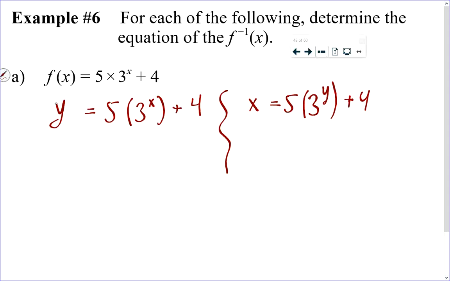And now we have to rearrange for y, which you couldn't do before today. So what am I going to do here? I'm going to subtract 4 from both sides. Then I'm going to divide everything by 5.